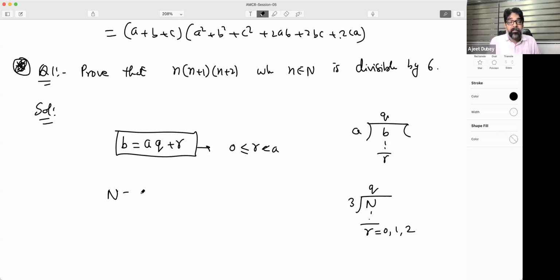It means every number we can write as either 3q, or 3q plus 1, or 3q plus 2. Any number will be in one of these formats. It means if you take 3 consecutive integers, at least one will be a multiple of 3. Similarly, if you take 2 consecutive integers, at least one will be a multiple of 2.